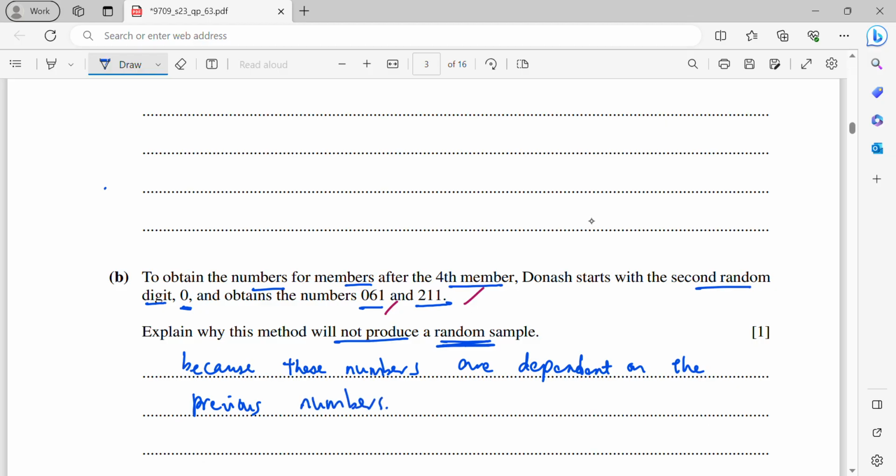That's why he will not get a random sample. He should generate a new set of random numbers.